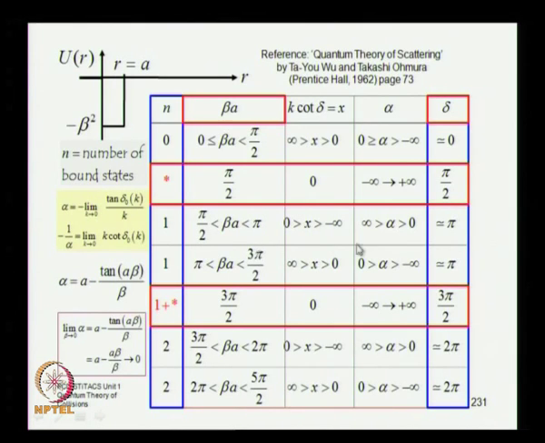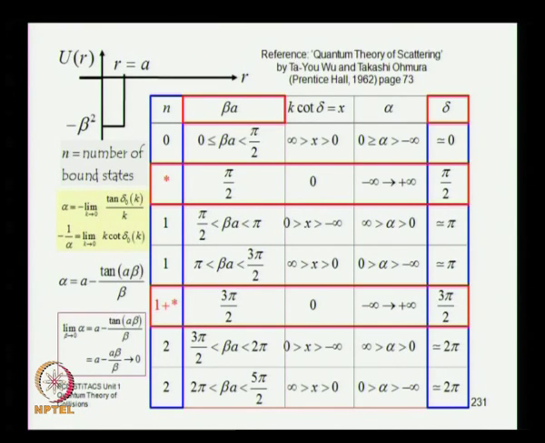Then, if the strength parameter increases beyond pi by 2 till it gets to pi, the number of bound states remains 1. In fact, it remains 1 even when the strength exceeds pi till it gets to 3 pi by 2, because till it gets to 3 pi by 2 the next state does not get bound.